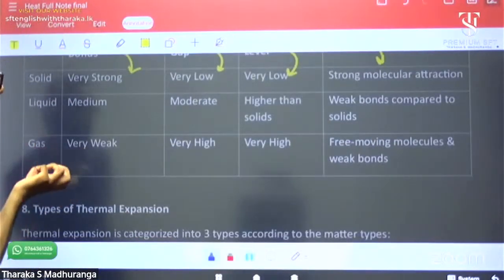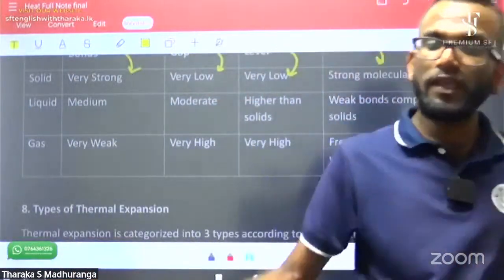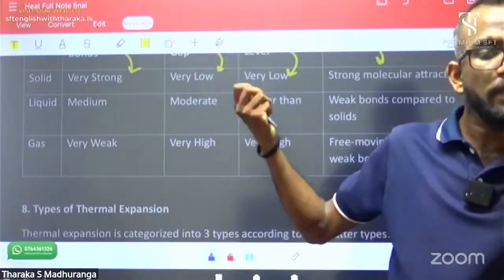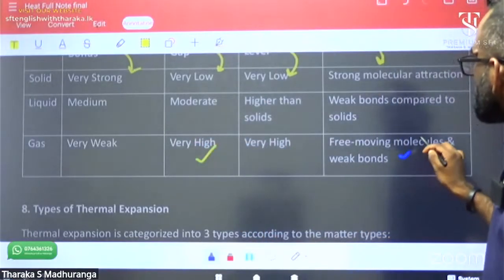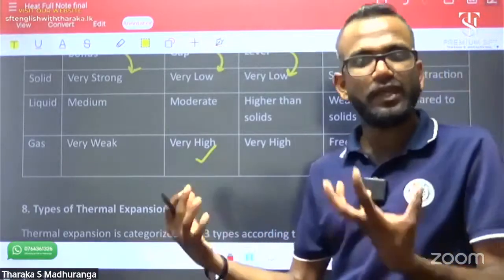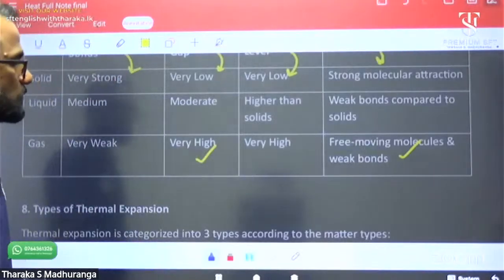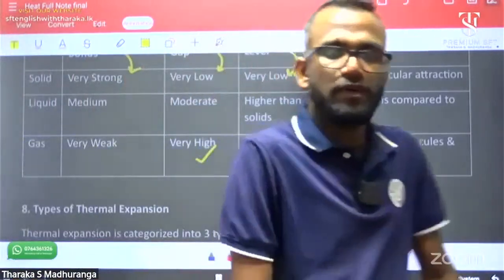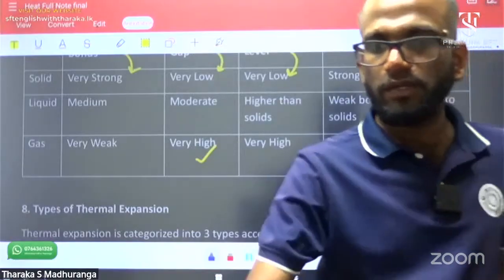If you have gas, their intermolecular bonds are very weak. Therefore, the expansion ability is very high due to high intermolecular spaces. Freely moving molecules with very weak intermolecular bonds, that's the reason. Okay, that's the base of thermal expansion. Any doubt?